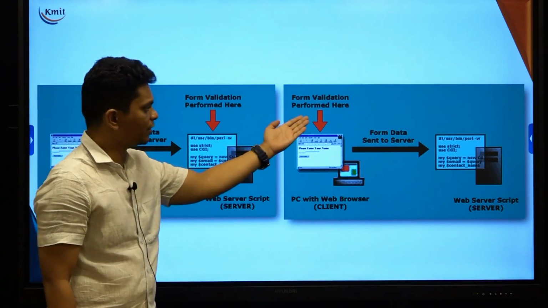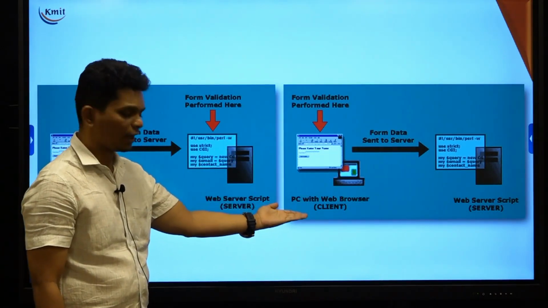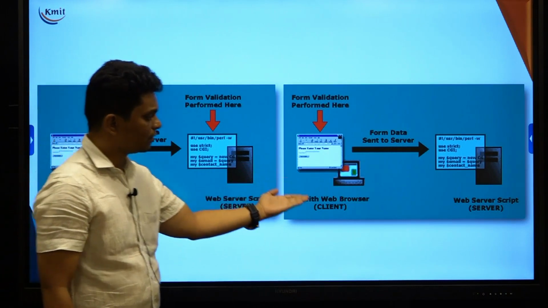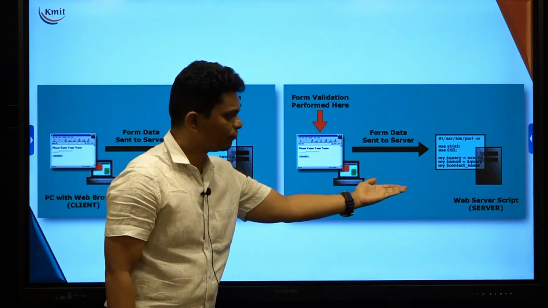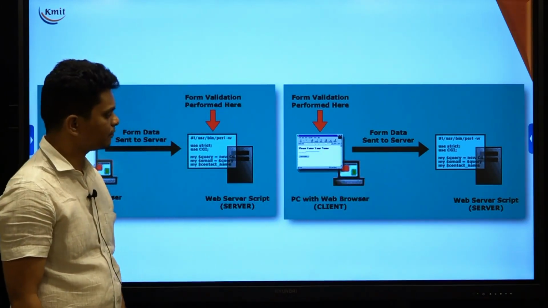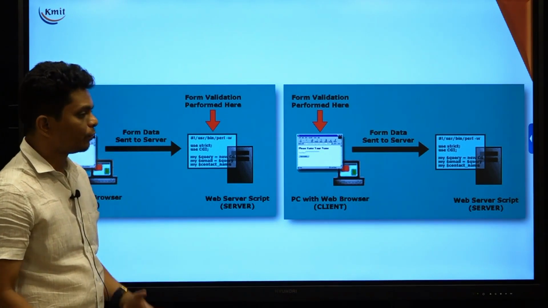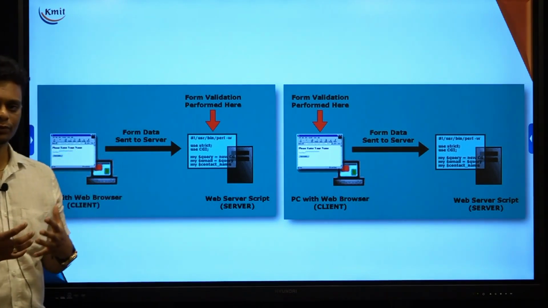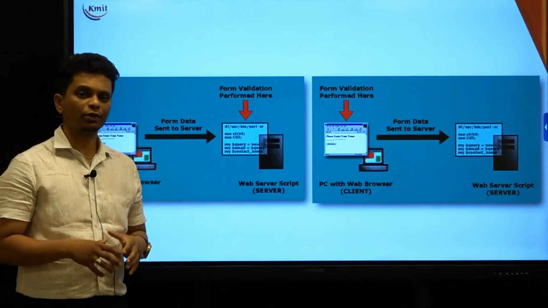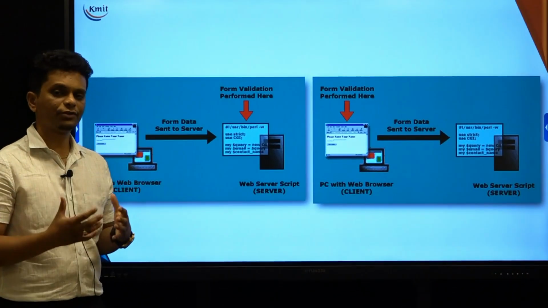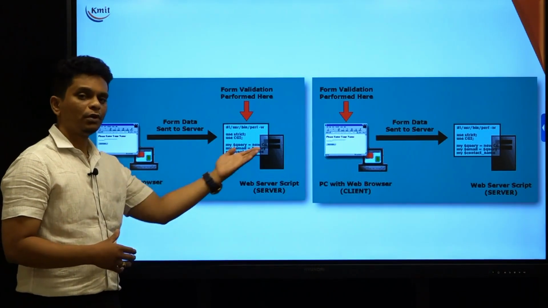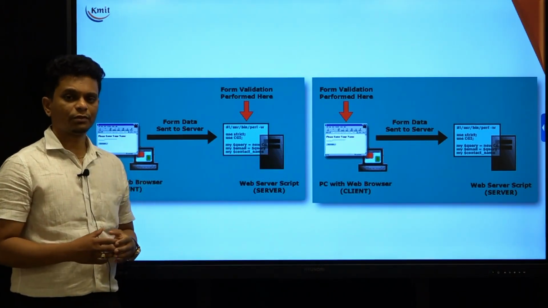The form validation is performed at the client side, and later the data is sent to the web server. All browsers identify JavaScript, and all browsers are efficient enough to execute JavaScript code.